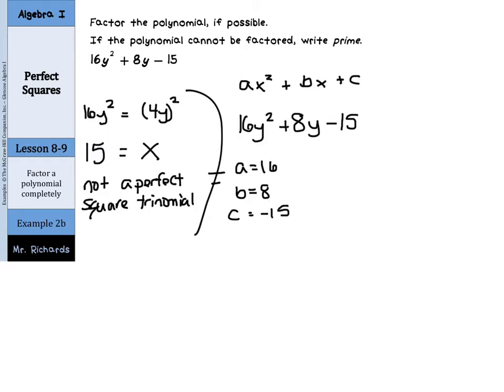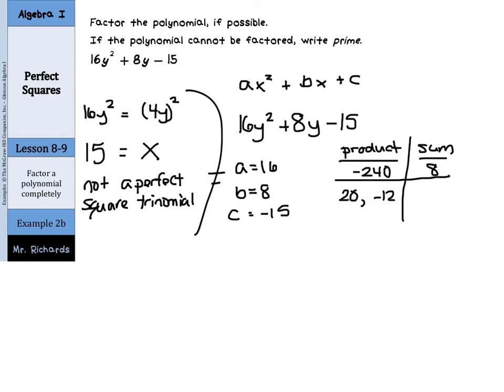So do numbers exist where I can have a product of that 16 times negative 15, which is negative 240, that result in a sum of 8? Well, 20 times negative 12 is negative 240, and that also results in a sum of 8.